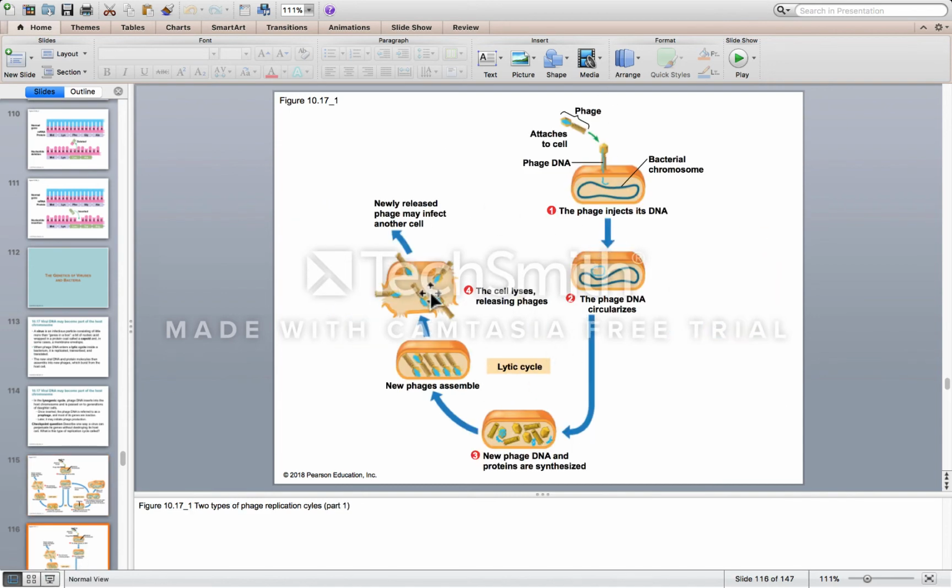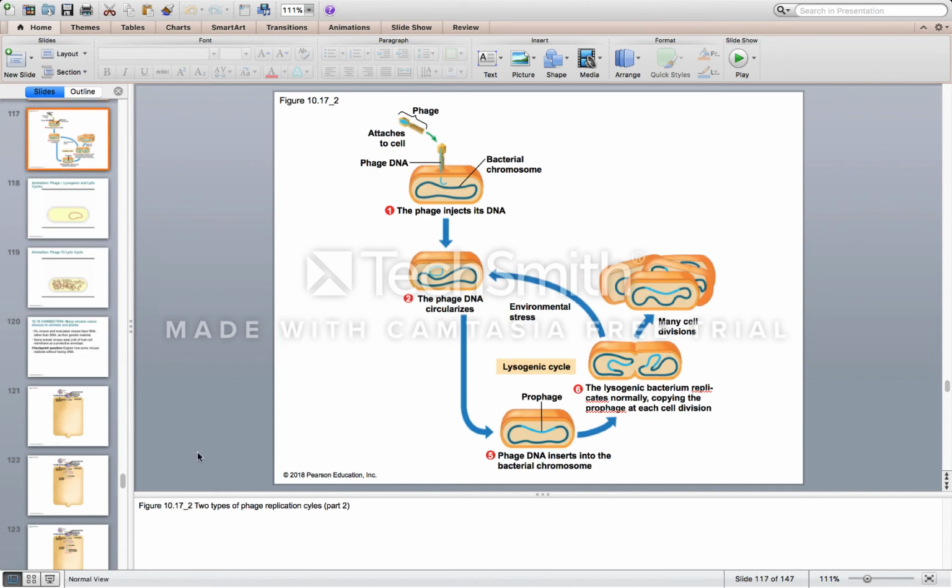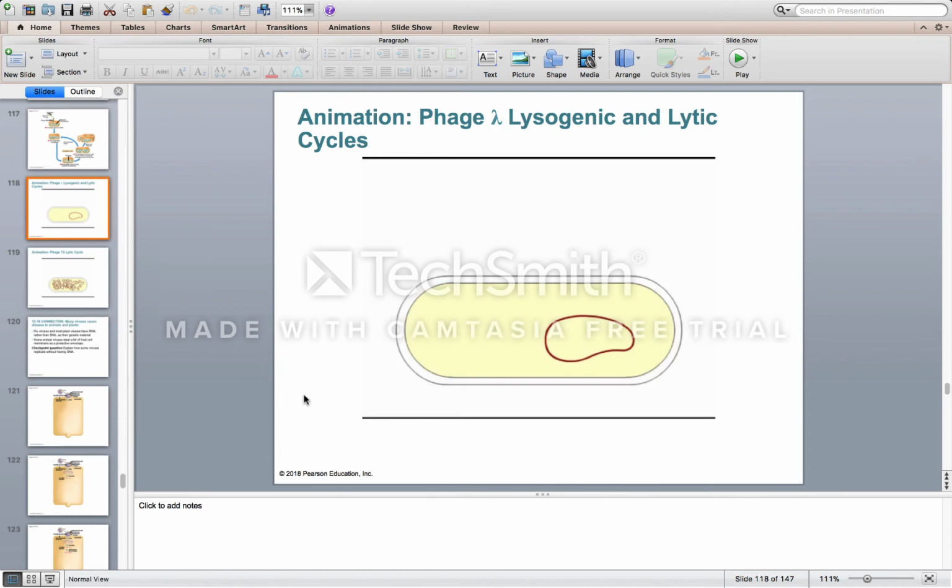So there's a lytic cycle. Again, it's going to cut, break, degrade, releasing hundreds of virions, or it can go through the lysogenic cycle, which means that it's going to insert itself into the bacterial chromosome. It's going to undergo replication many, many times over, and now you start to see a major, major problem.